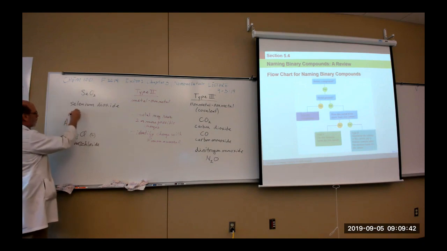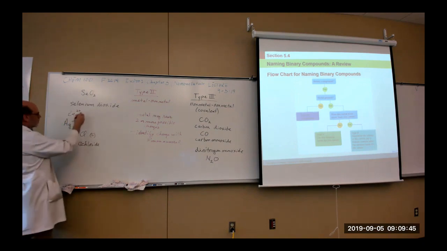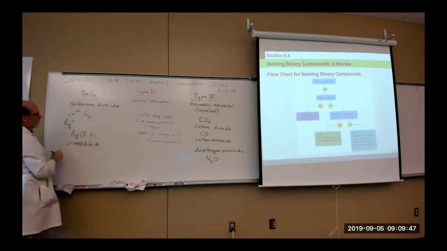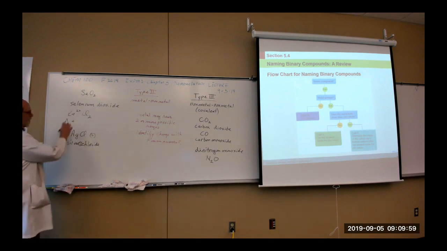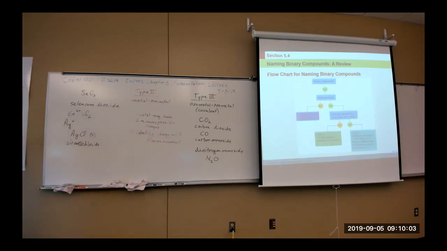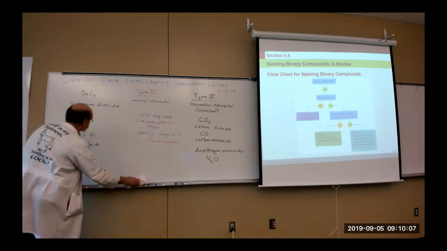Zinc is always 2 plus. So you could say zinc chloride, and that's unambiguous. But since it's a transition metal, you could also say zinc 2 chloride, and I'll accept it.